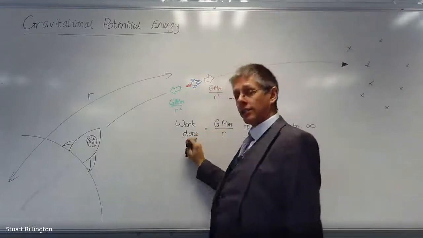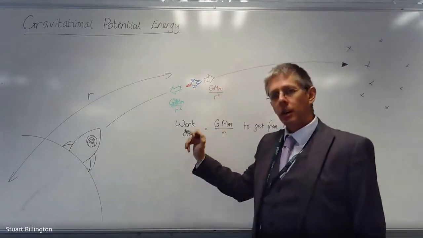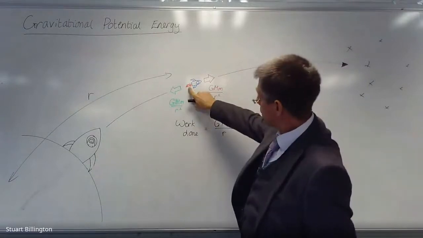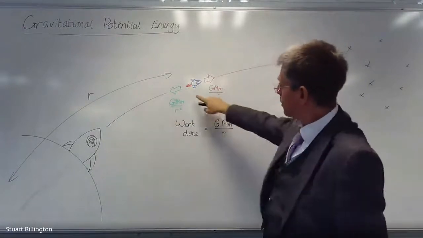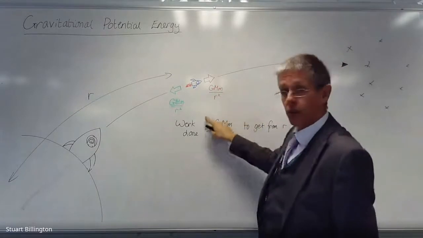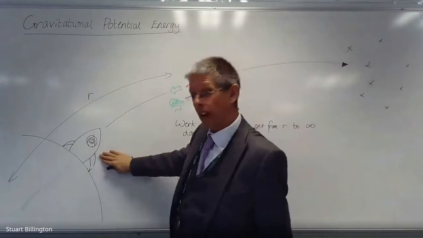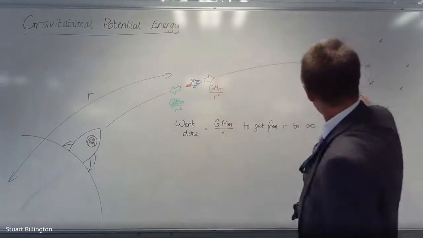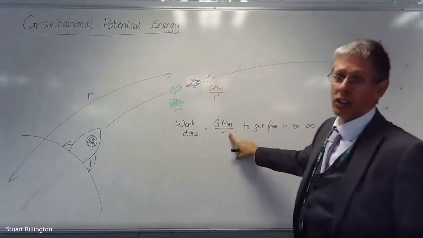Work done is the transfer of energy by a force. So this rocket engine, either at the beginning or continuously all the way through, has transferred that amount of energy to the rocket. When the rocket was on the ground, it didn't have that energy. And when the rocket gets to infinity, it will have that energy.